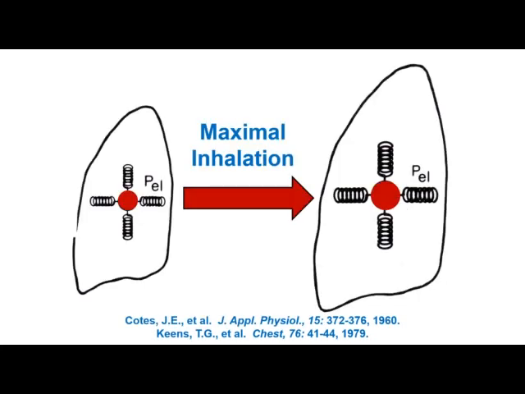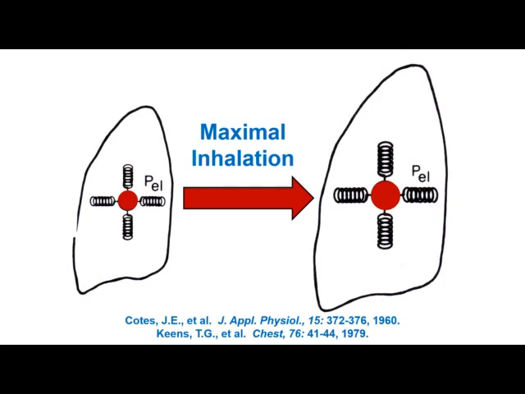What we hypothesize is happening is that this maximal inhalation, remember you have to take a maximal inhalation at the beginning of the test, all right? If you do a maximal inhalation and you have airway obstruction, you have to draw a more negative intrapleural pressure in order to generate that maximal inhalation.